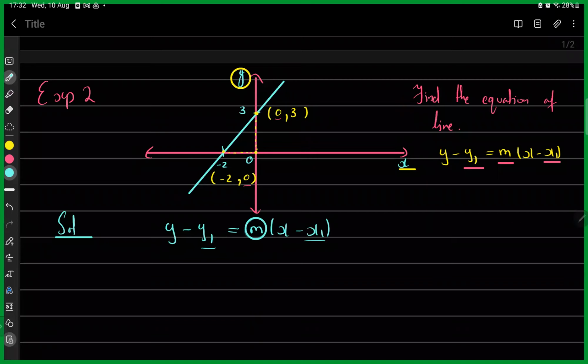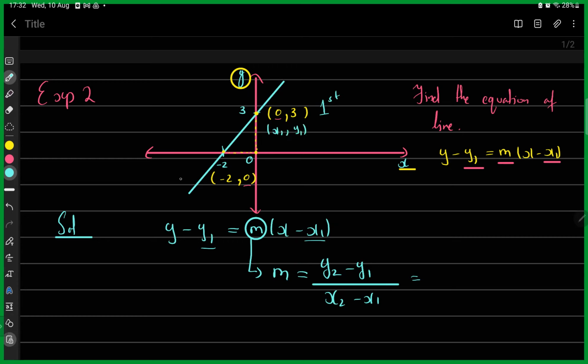Let's spend some time finding out m. m is equal to y2 minus y1 divided by x2 minus x1. You can think about any point as the first point and any point as the second point. So if I think about this as my first point, this would be x1, this would be y1.